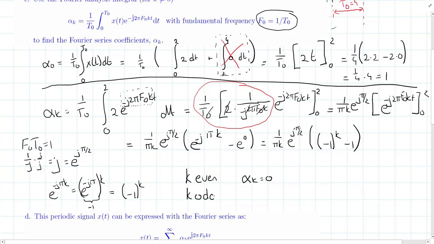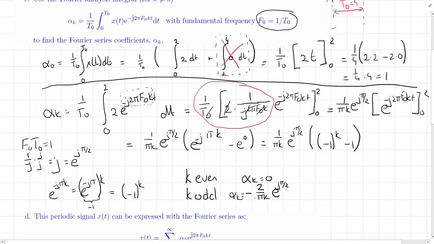In the case that our k is odd, then we would, for example, have minus 1 to the power 1, which is equal to minus 1. We would have in this expression minus 1, so minus 2. And then we would end up with minus 2 pi over k of k e to the power j pi over 2.